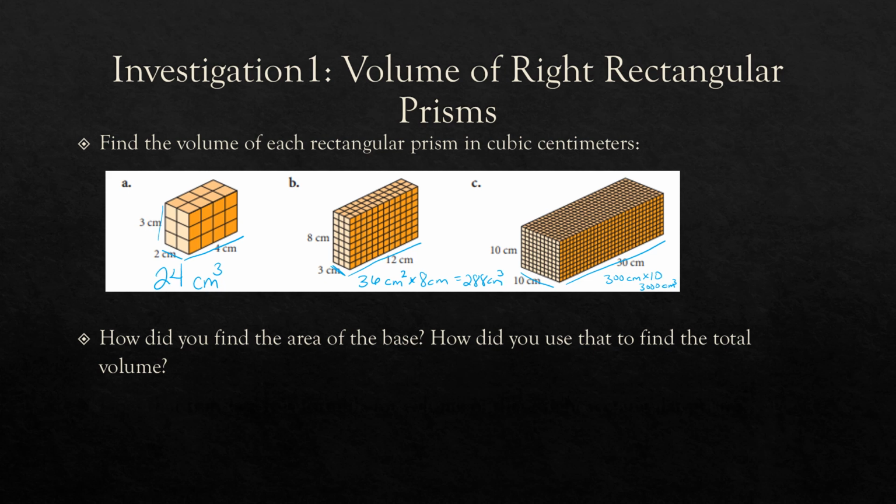So how did we find the area of the base? How do we use that area of the base to find the total? We said the area of the base was length times width, and then the total was the area of the base times the height.